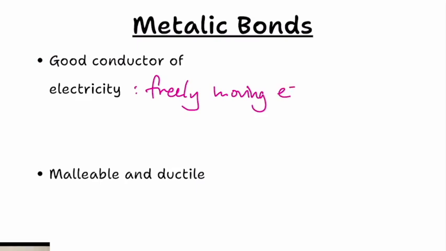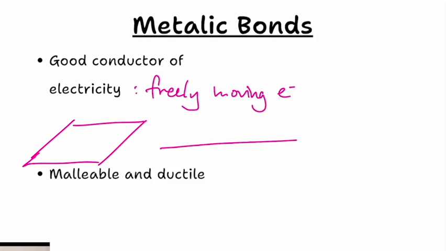Metals are also malleable and ductile. Malleable means you can stretch metals to make a very thin sheet. Ductile means you can stretch them to form a very thin wire. So basically metals are stretchy to some extent. This is also due to the electron sea model, the structure of the metals.